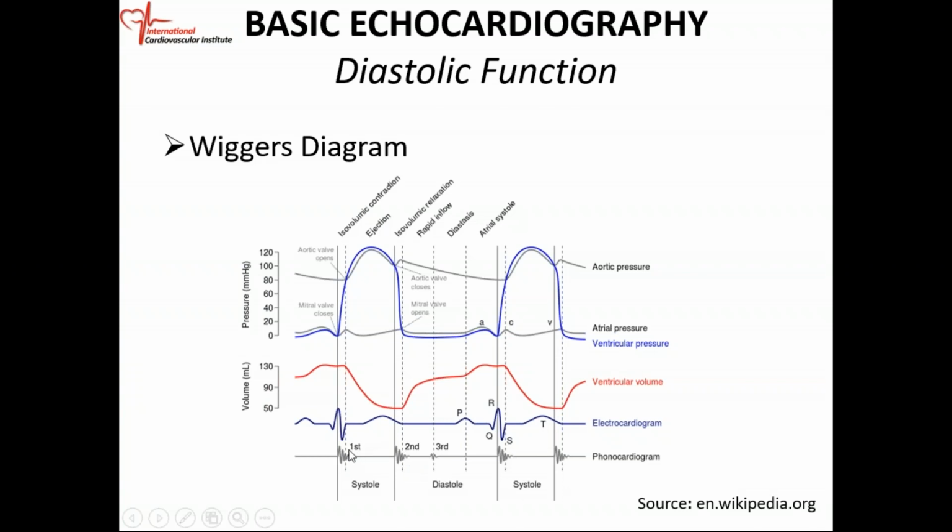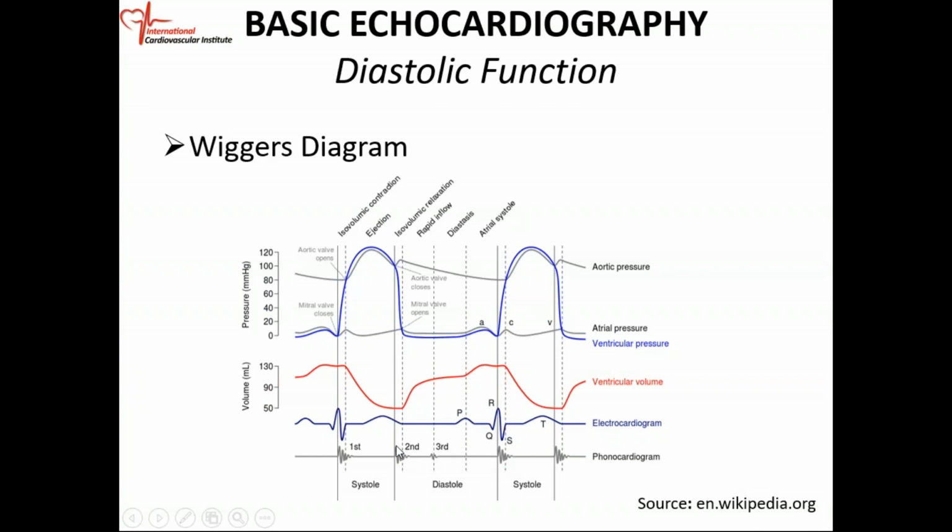So the period between mitral valve closure and aortic valve closure, that's systole. That's when the heart contracts. Okay? And then the period of time between the aortic valve closing and the mitral valve closing is the diastolic period. Okay? So just think about it.